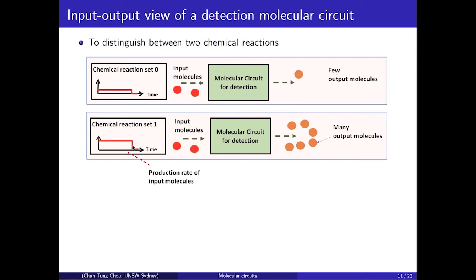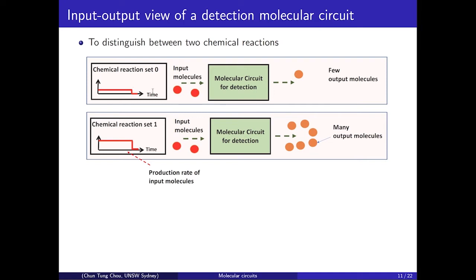If this set of reactions is present, then this circuit will produce a larger number of output molecules. So from the number of output molecules that this circuit produces, we can infer whether reaction 0 was used or reaction 1 was used. That's an example of detection.